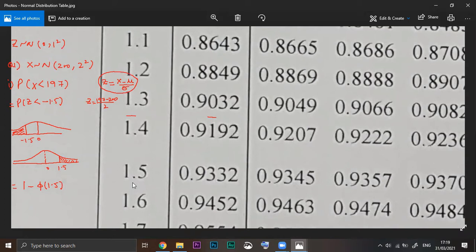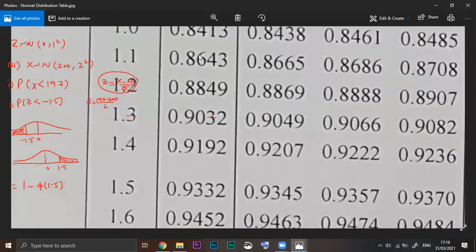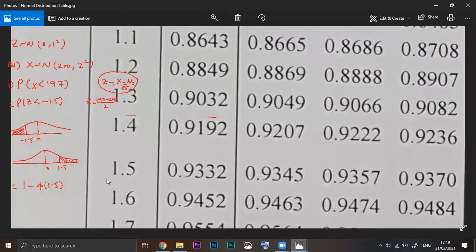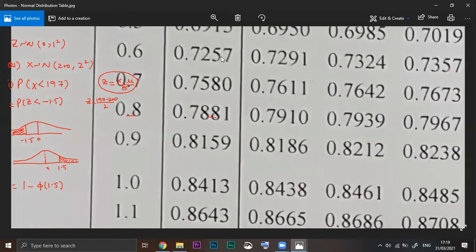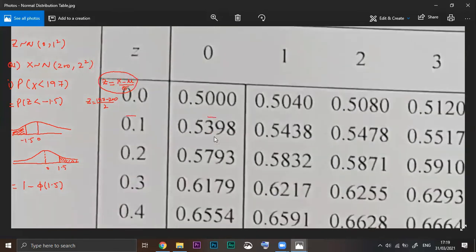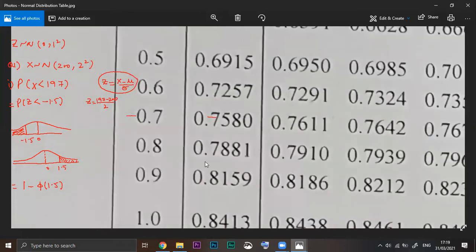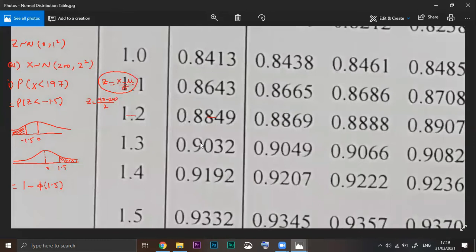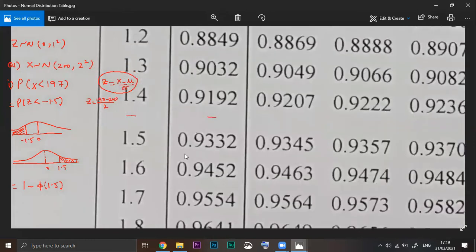Actually this one is 1.50, so 1.5 in the first column and 0 in the first row. The value at the intersection of 1.5 and 0 is 0.9332.